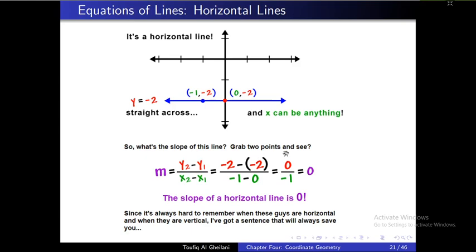Grab 2 points and see. m equal y2 minus y1 over x2 minus x1. y2 is minus 2 minus y1, which is minus 2, over x2 minus x1. x1 is minus 1 and x2 is 0, so minus 2 minus minus 2 will give 0, and 0 over minus 1 will give 0. So the slope of a horizontal line is 0.